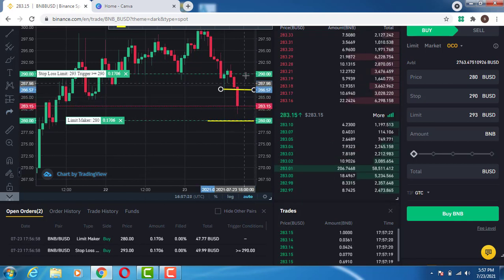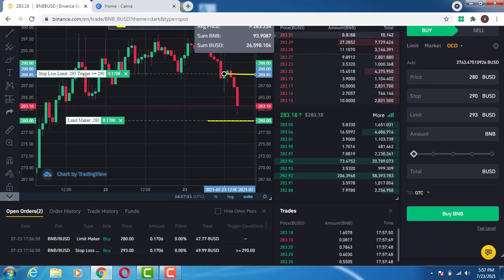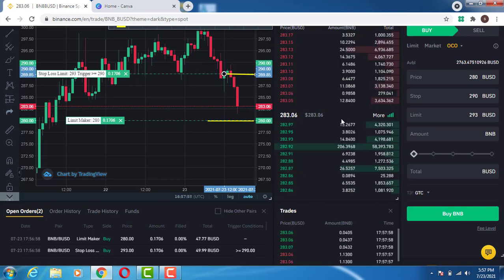And if price goes against me to this area of 290, this order will be filled at 293. Remember, 290 is the condition that should be reached first before this order will be triggered as a limit order at 293 into the order book. That is this order book right here. So that is how you set an OCO buy order on any exchange, either Binance, OKX, Poloniex, JDAX, KuCoin.